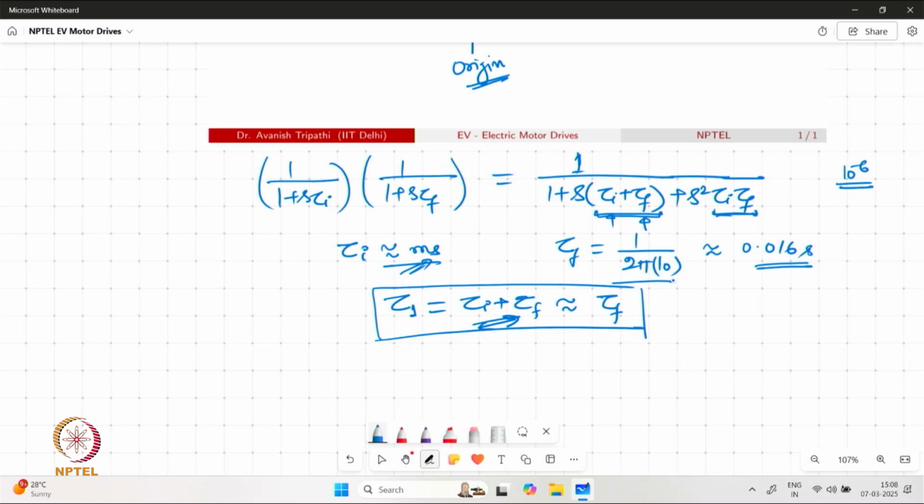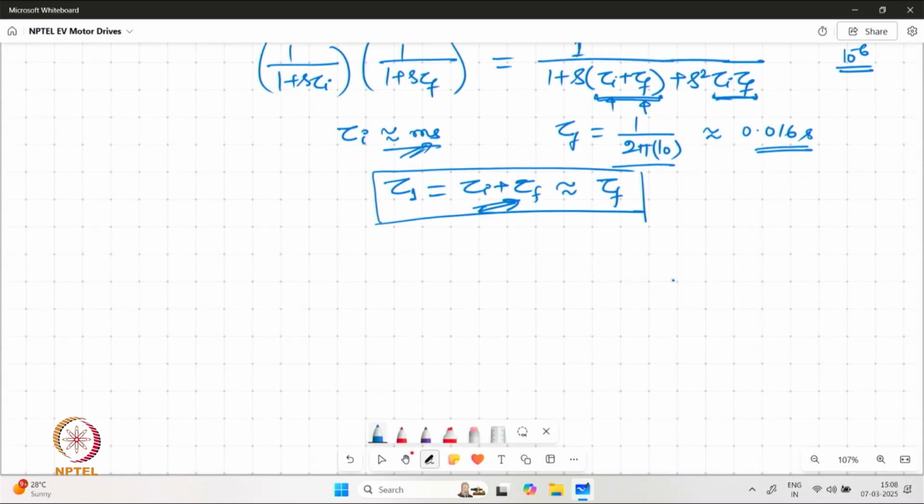So which is why the product can be approximated to a new first order system which is equivalent to representing these two pole locations, where tau 1 is given as the sum of the two time constants.